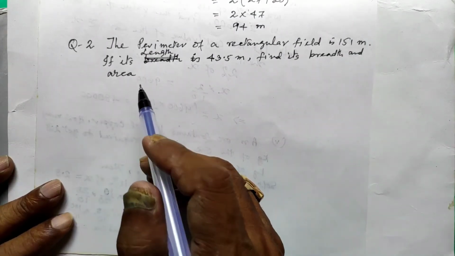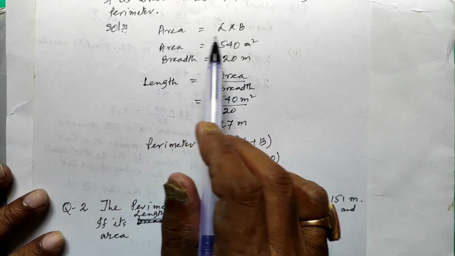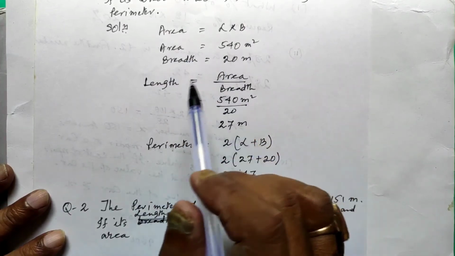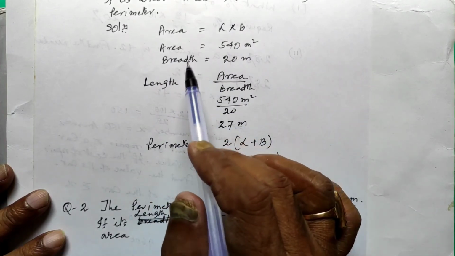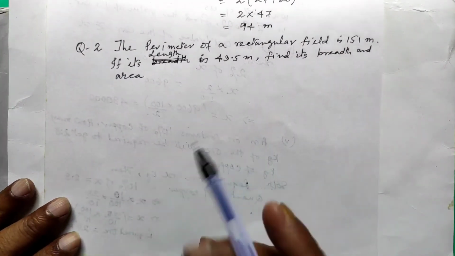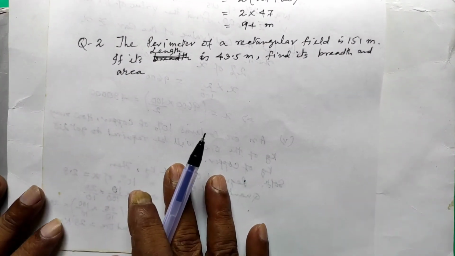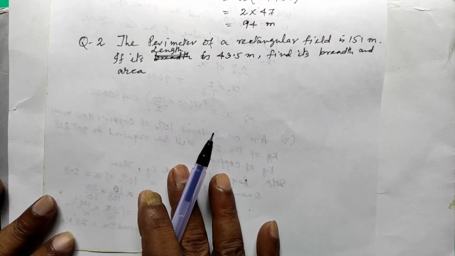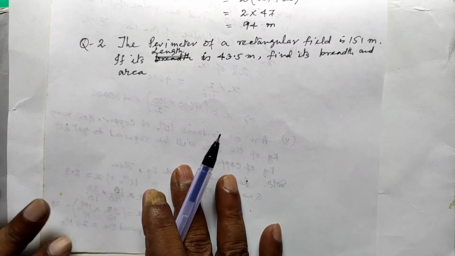In our earlier sum we easily found the length from the area, but here no area is given. So we have to find the breadth first.